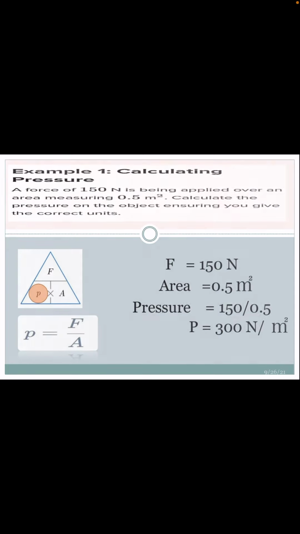Now, go for the second example. Here we are going to calculate force. A woman is applying 300 newton per meter square of pressure onto a door with her hand. Her hand has an area of 0.02 meter square. Work out the force being applied. Consider the triangle. Here we are going to find force.